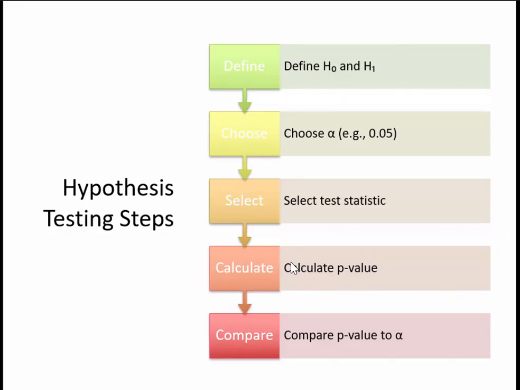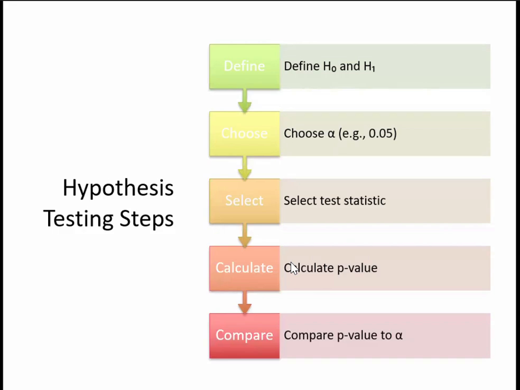For example, when you're carrying out hypothesis testing, you're trying to find evidence to support either H1 or H0. So what if your null hypothesis was right, but you ended up rejecting it?